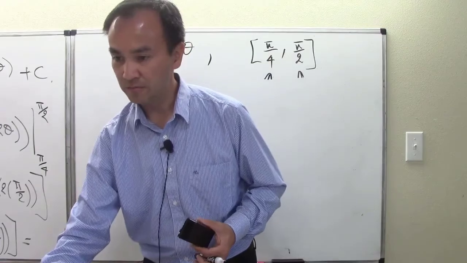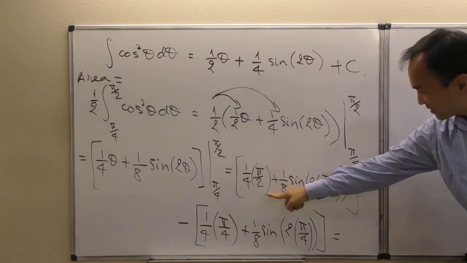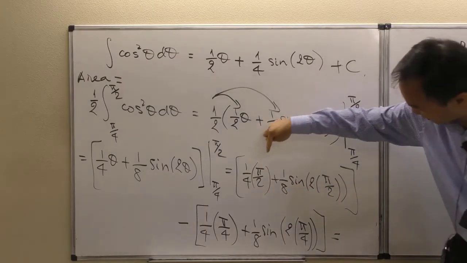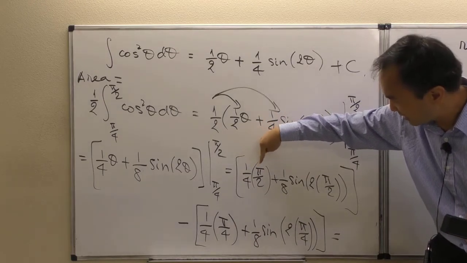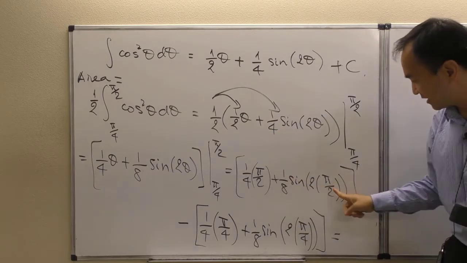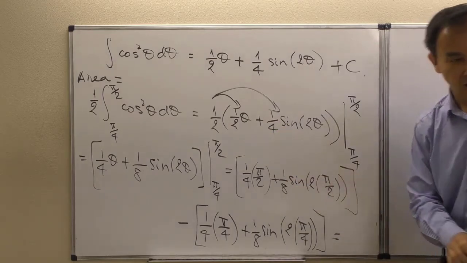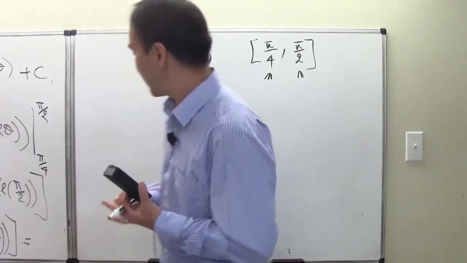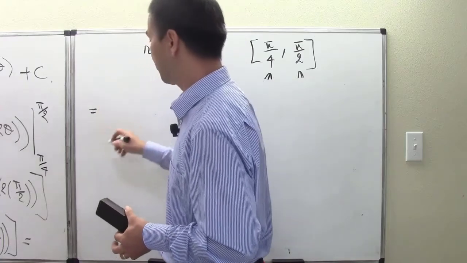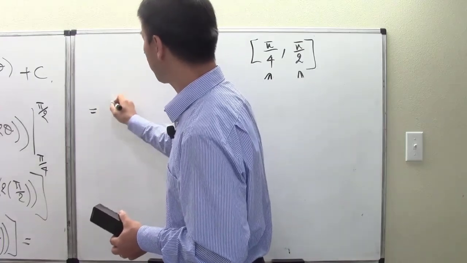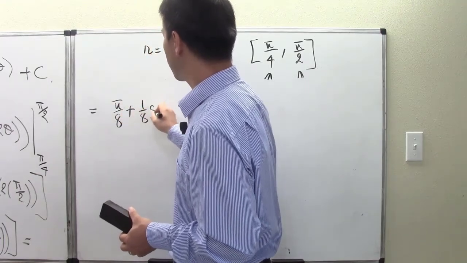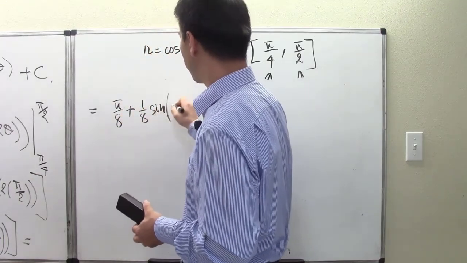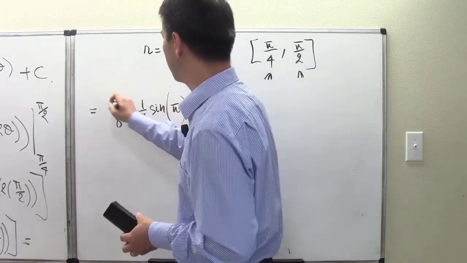From that first term, 1/4 times pi over 2 is going to give me pi over 8. Then from the first group of brackets, we're looking at pi over 8 plus 1/8 times sine of pi, which will easily become 0.